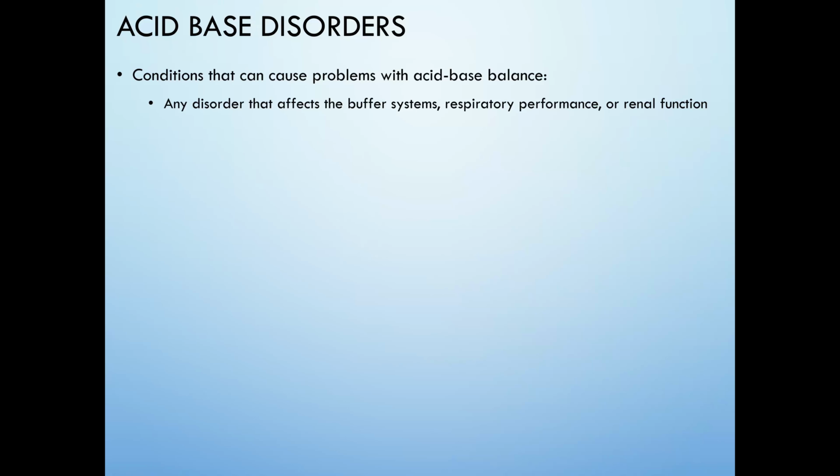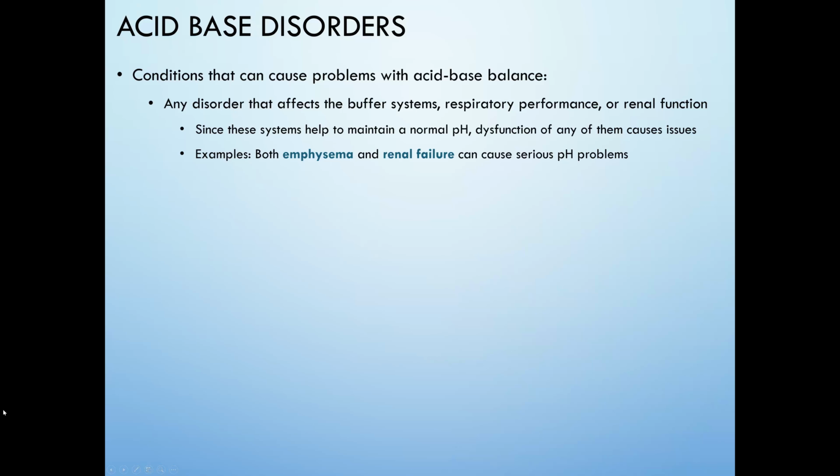So since all of these systems help to maintain a normal pH, dysfunction in any of these areas can cause issues. So for example, both emphysema, which would be a failure of the lungs, so a failure of respiratory performance, or renal failure, which would be a failure of kidney performance, can cause serious pH problems.